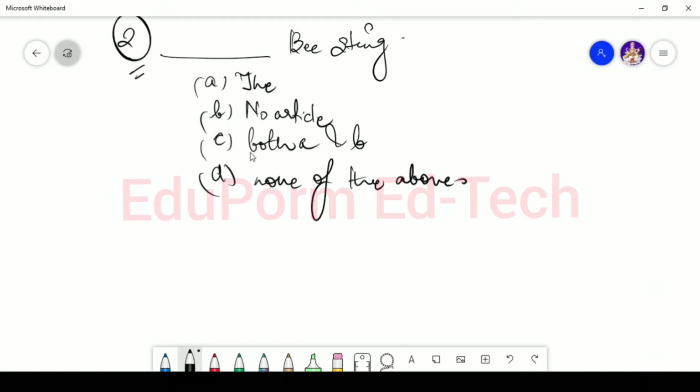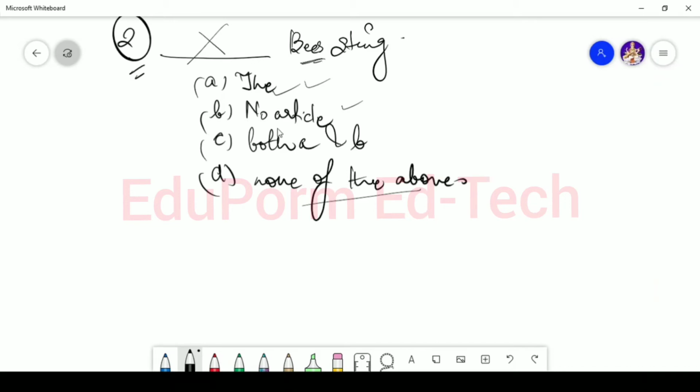So the second question is bee sting. In this case the options are: no article, both A and B, and none of the above. I already talked about this example before. In case of plural or uncountable noun, the use of article is banned.